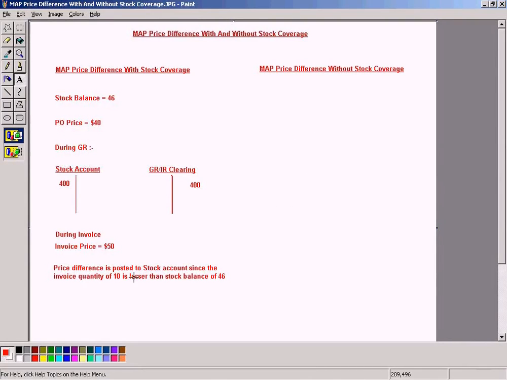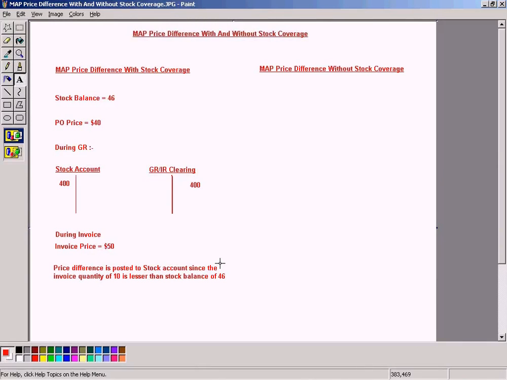Now we're going to see without stock coverage. Without stock coverage meaning that the invoice quantity should be higher than the stock balance, which means that stock balance is lower than the invoice quantity. We have to make the stock balance of 46 to something lower, like 8.